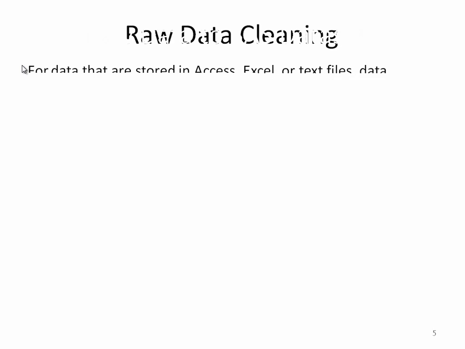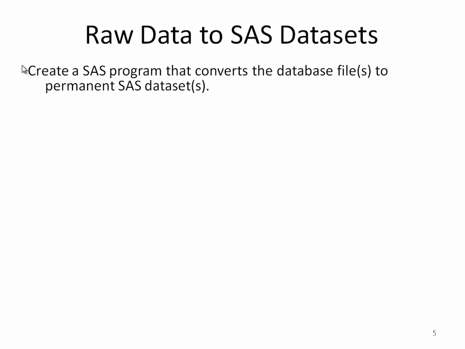So how do you get the data from the raw database, or even an ASCII file? I like to have a separate SAS program that just does the conversion, that takes the raw data. The reason I do this is because you often make calculations that you might not want to be reading that.